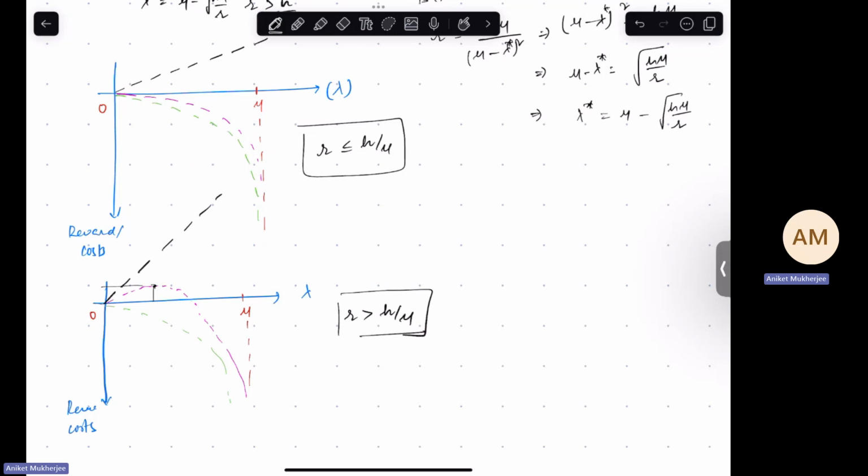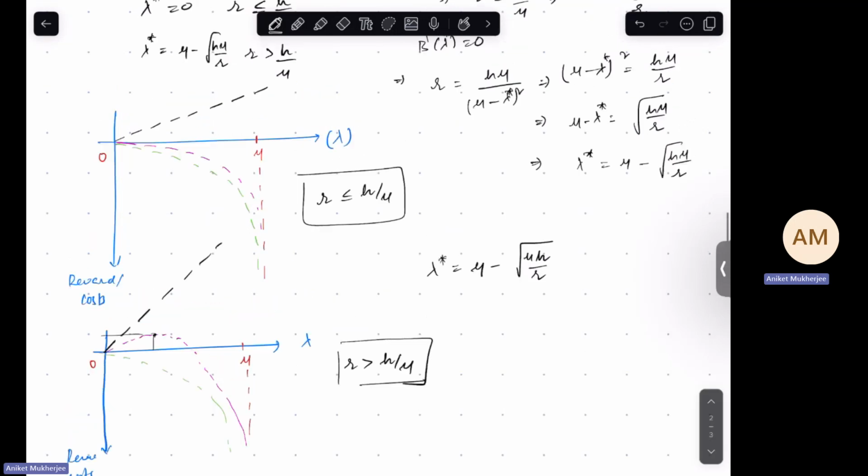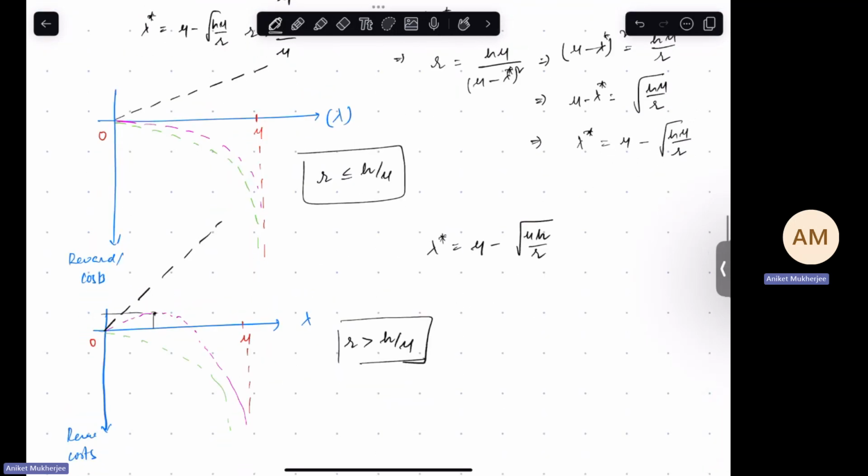Now, if I write down the optimal solution, as you can see here, the optimal lambda star equals mu minus root mu h by r, right? As you can see, if r is less than h by mu, then this lambda star is greater than zero if and only if r is greater than h by mu.